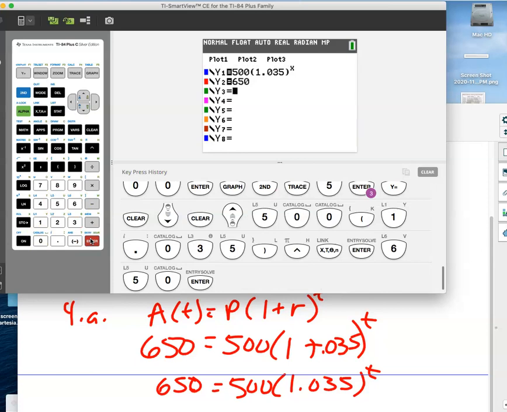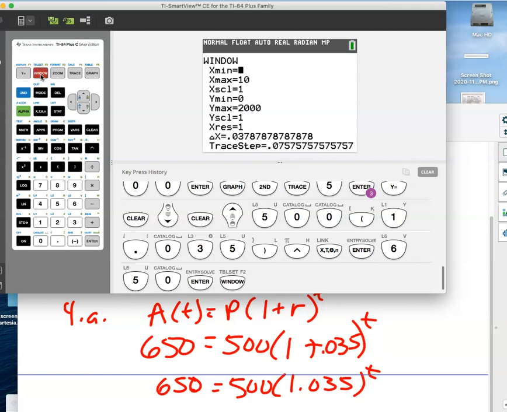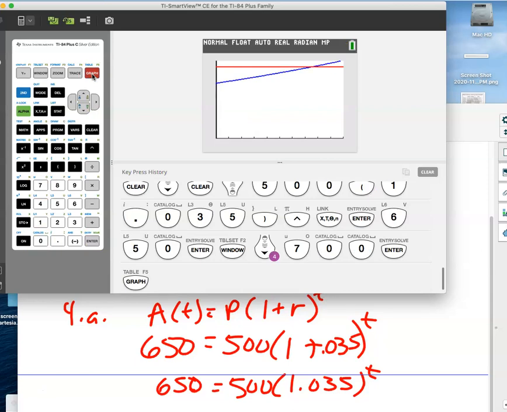What do you think? You think that's still going to happen within 10 years? Give it a try? Yeah, just use the window we had up there. Oh, except my y's were probably really huge, weren't they? Yeah, 2,000. We might be able to see it, but let me make that more reasonable. Yeah, it's within 10 years.